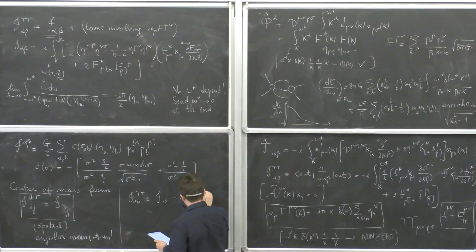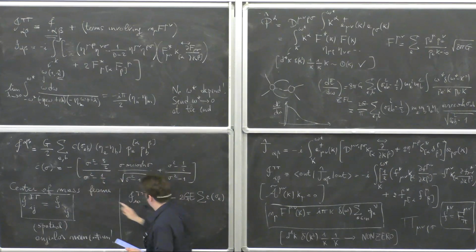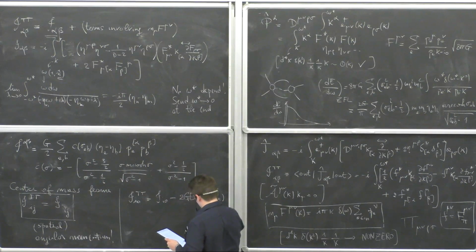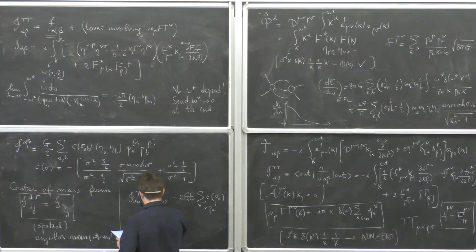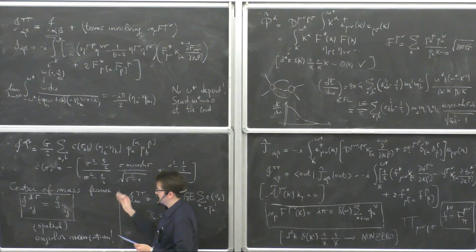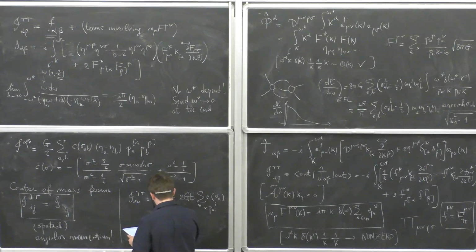To GE sum over the same functions C that appear here, but now evaluated at a different argument, times PAE. And this C sigma A is the gamma factor of each particle as seen from the center of mass frame. So EA divided by MA.